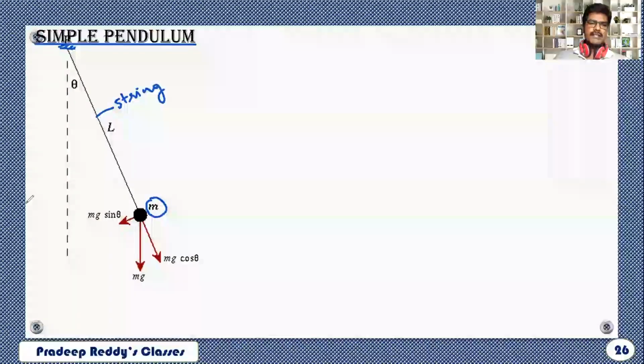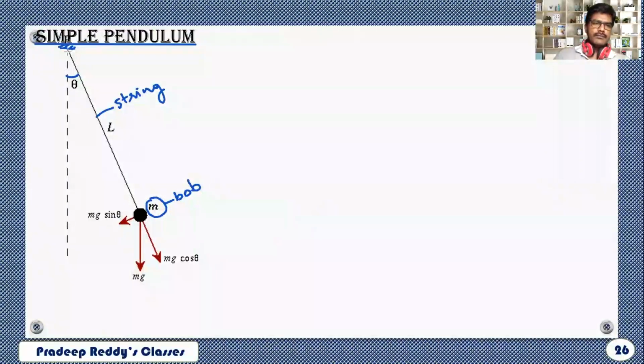This mass is able to move in the vertical plane such that it is making oscillations. Now this deviation of the string from its vertical position is the angle theta, and this mass M which is oscillating is called the bob.